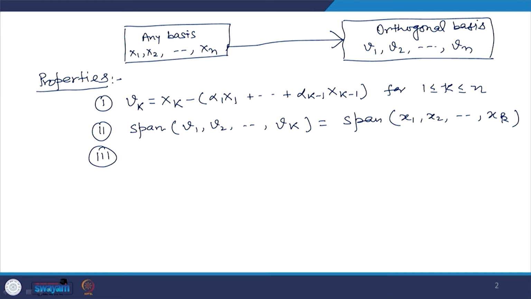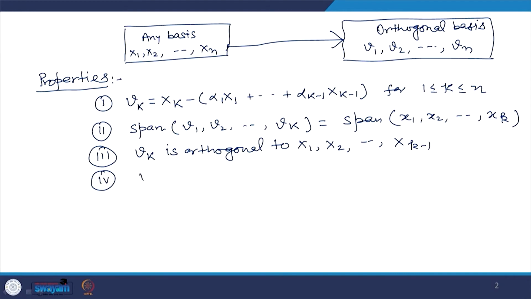The third one is, Vk is orthogonal to x1, x2, up to x k minus 1.